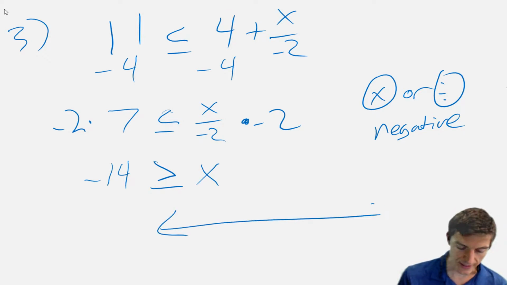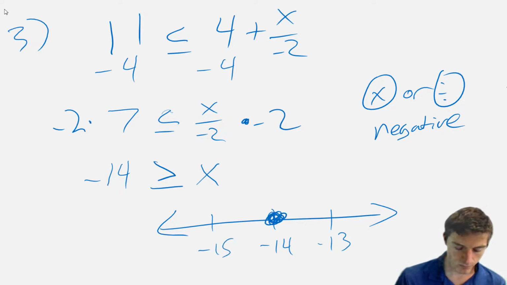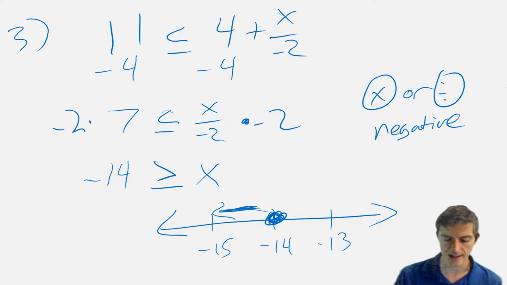So on my number line, it should look like this. I've got -14, -13, -15. So it's a closed circle on -14. And I'm looking for all the numbers that are smaller than -14. So x is smaller, so this is the direction of smaller, right? It's everything to the left.